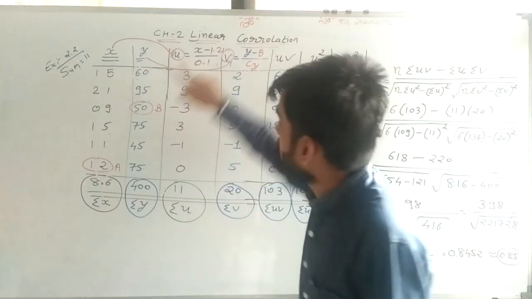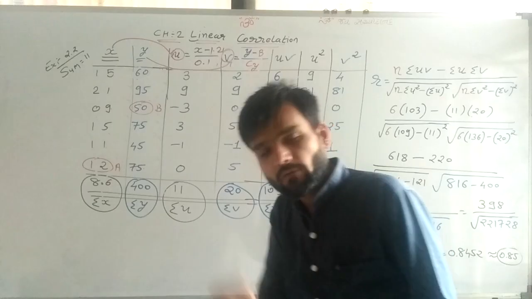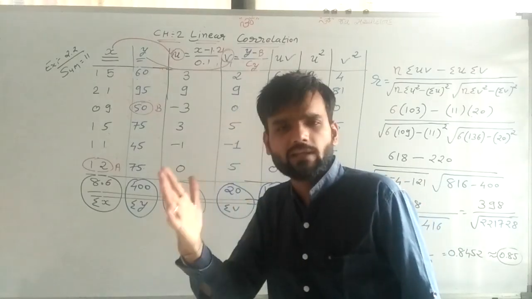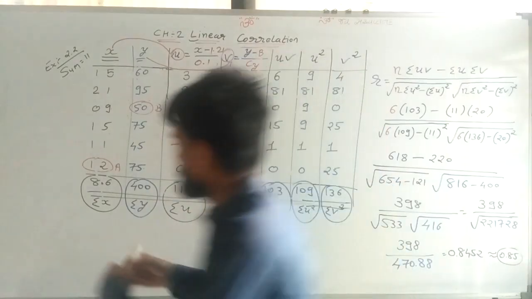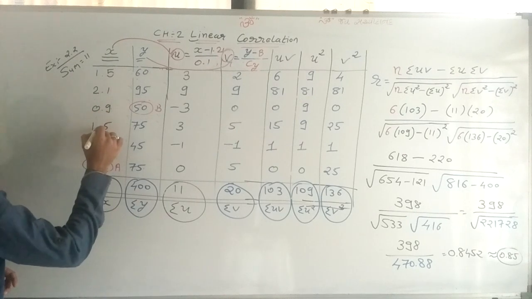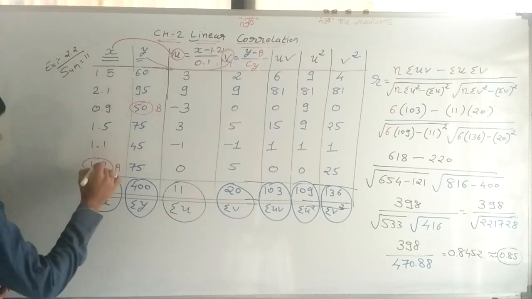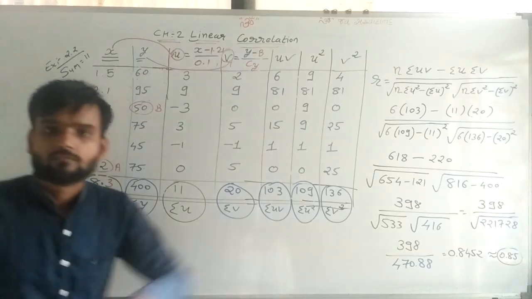You have to write here minus 1.2 divided by 0.1, but whenever you are calculating, then think directly in this way. Clear?